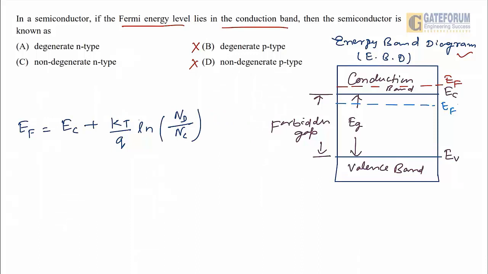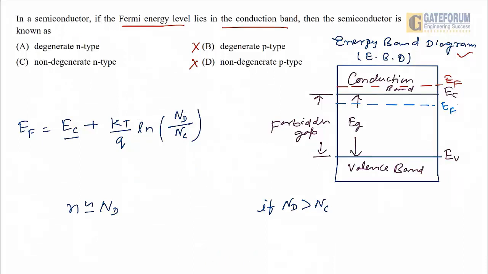So for N-type semiconductor, as per the approximation, the concentration of electrons is approximated to ND itself. And here, if ND is greater than NC, then this ratio will be greater than 1 and the ln value will be positive, and due to that this term will be added to EC.